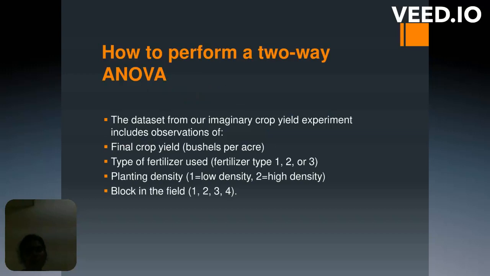The next is how to perform two-way ANOVA. So the data set from our imaginary crop yield experiment includes the observation of final crop yield and the type of fertilizer used, planting density, or block in the field.